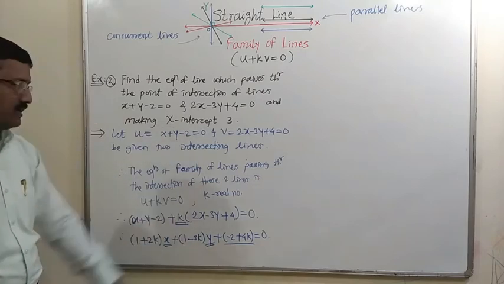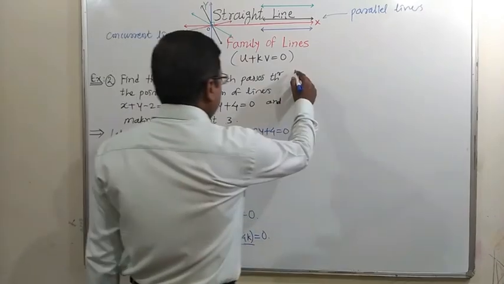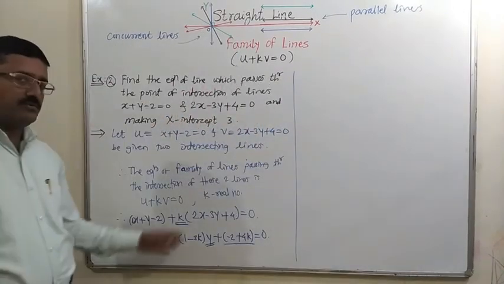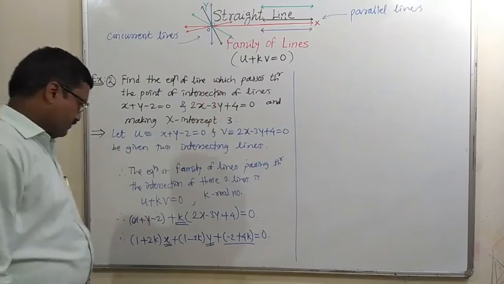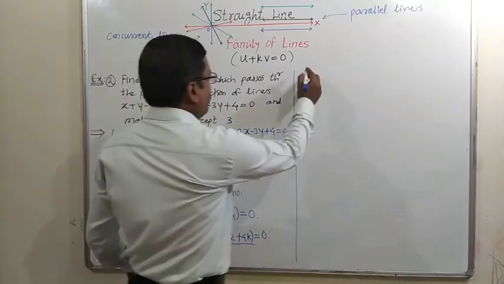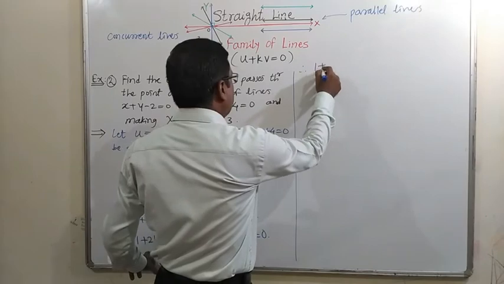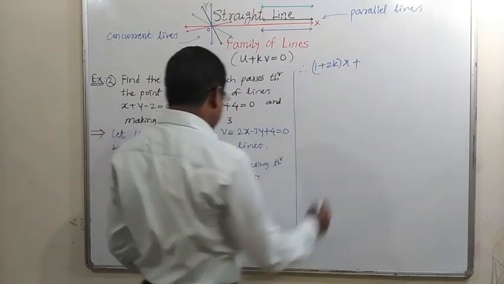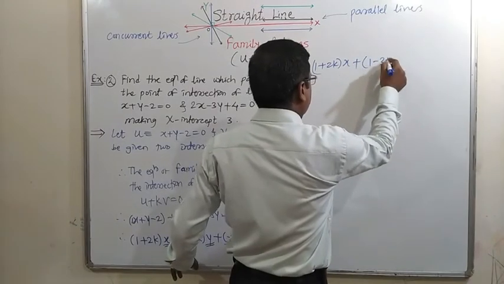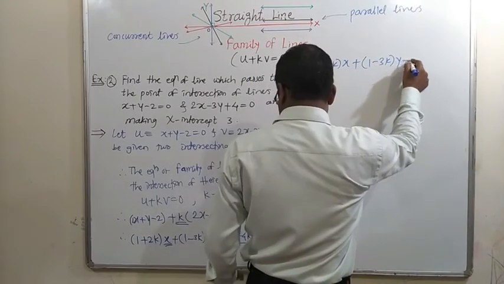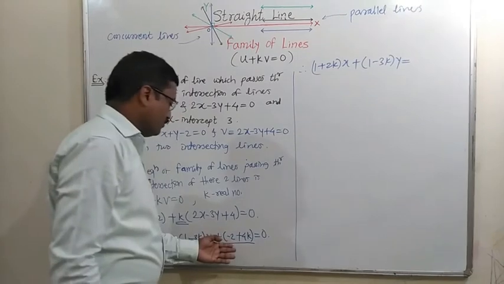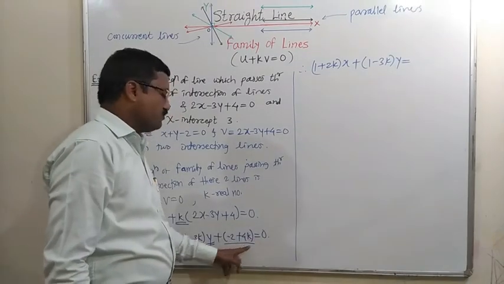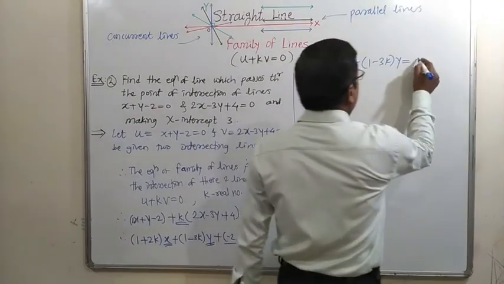Otherwise, convert the general form to double intercept form. So this can be written as (1 plus 2k) x plus (1 minus 3k) y equals, taking the constant to the right, it becomes negative, so plus 2 minus 4k.